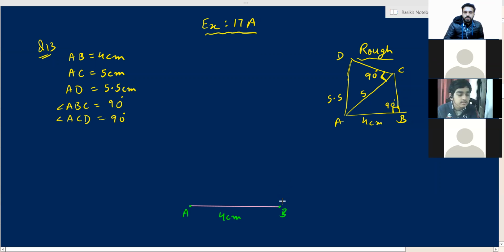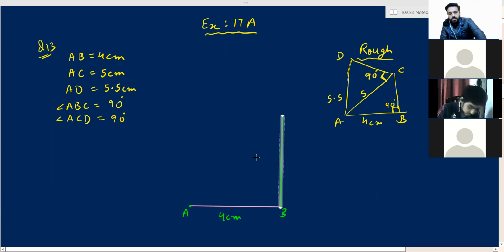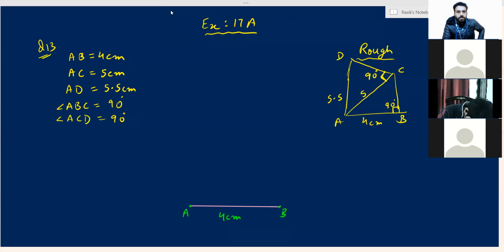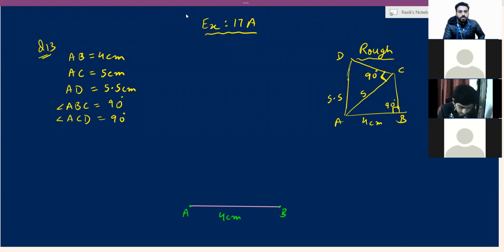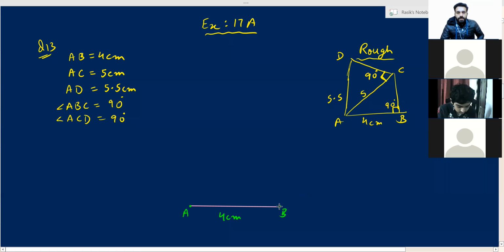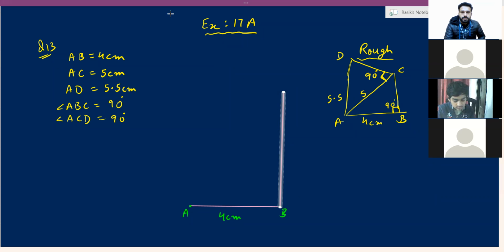I hope you all will construct it yourself. If you need any help, you can tell me. Construct angle B of 90 degrees. Draw a big, long line, because we don't know the length of BC. It could be anything.